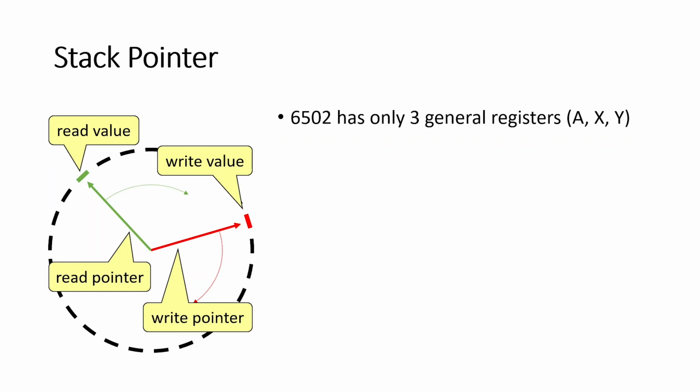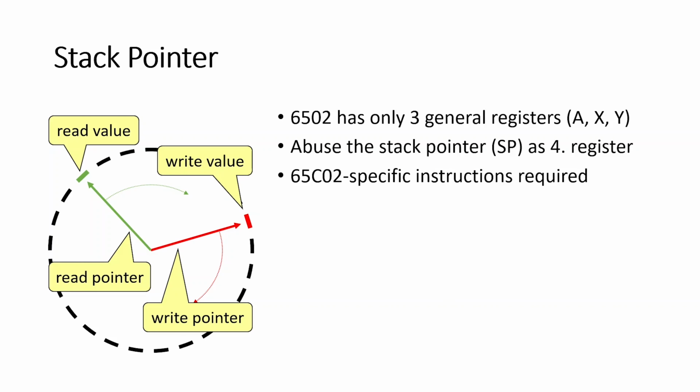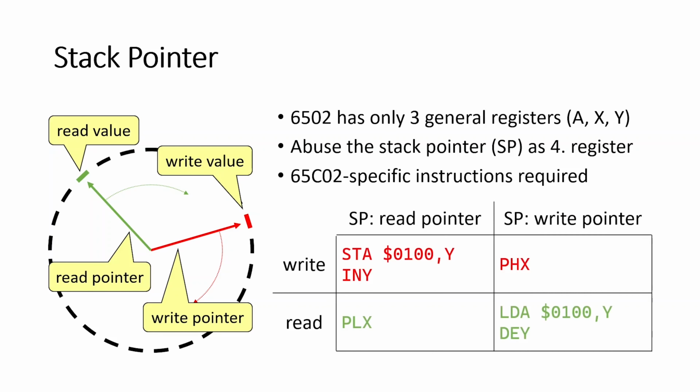However, the 6502 has only 3 general registers, A, X, and Y. So what to do? I've chosen to abuse the stack pointer as 4th register. In order to make efficient use of this idea, you have to use 65C02 specific instructions. Let's take a look into the details.